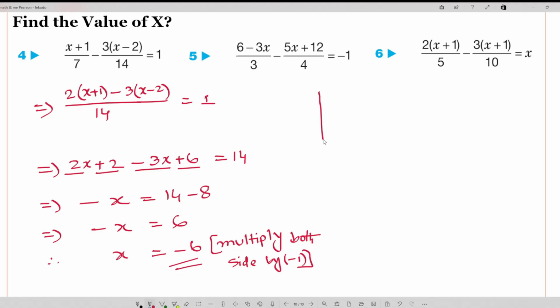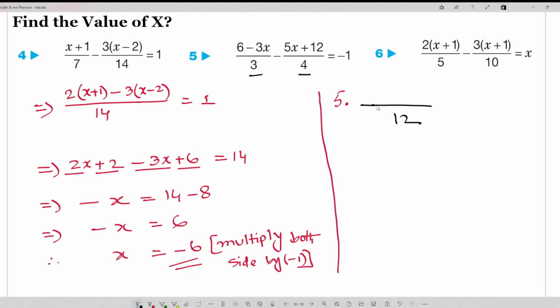Number 5. Here is (6 minus 3x) divided by 3 minus (5x plus 12) divided by 4 equals minus 1. So for this 3 and this 4, the LCM is 12, right?